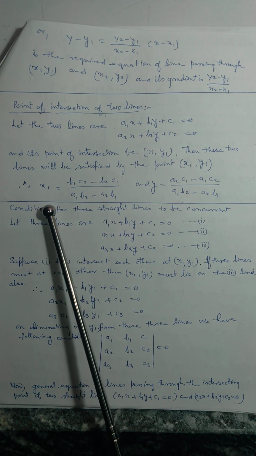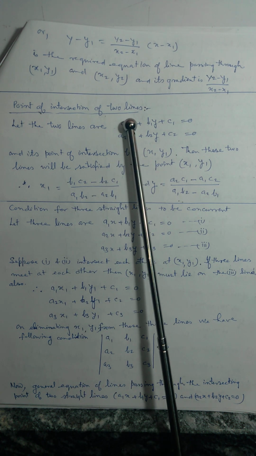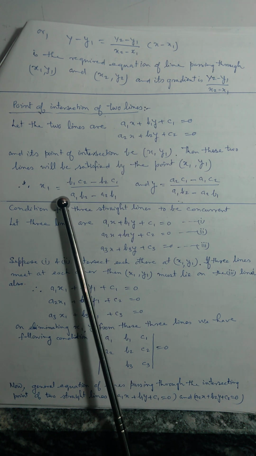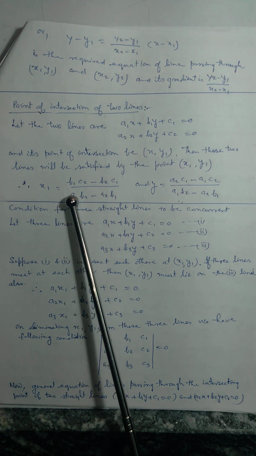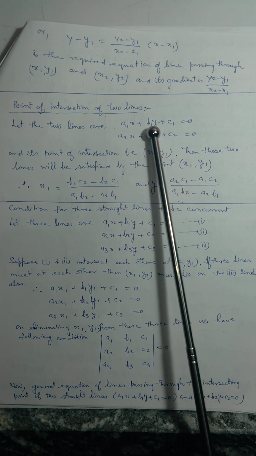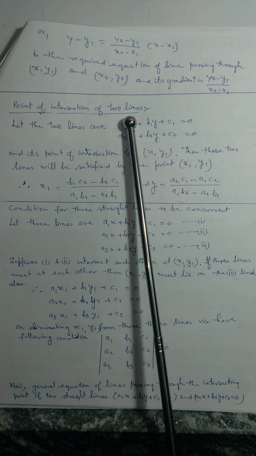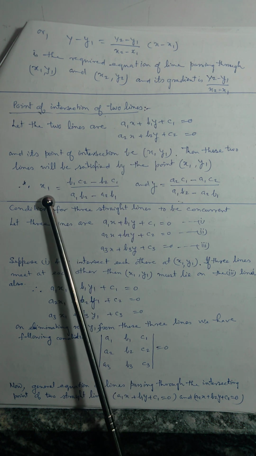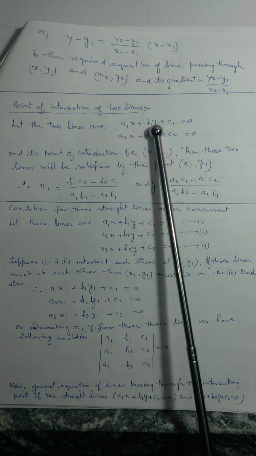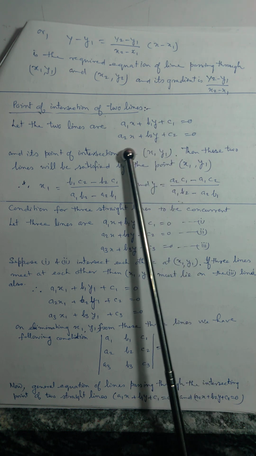You see, x1 will be equal to, while we are finding x1, at that time we have to cover the x. So cross multiply b1 into c2, that is left to down, LD. We just cover the x part, because we are finding the value of x. We are left with y and the constant.